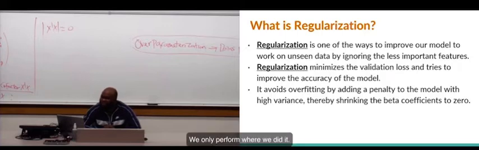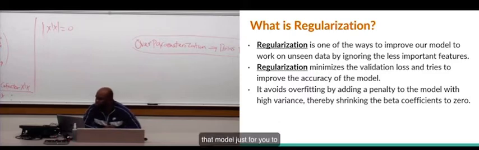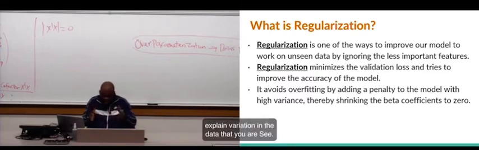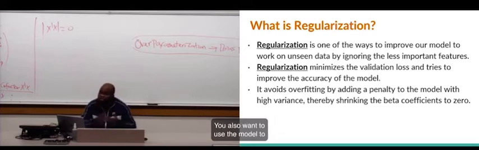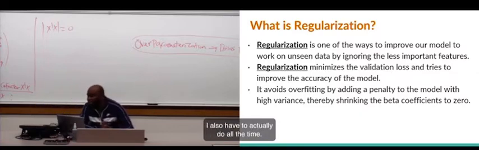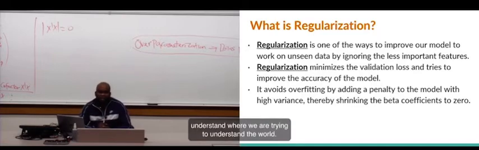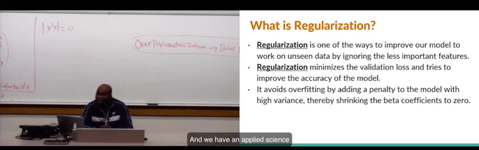You did not put together that model just to explain variation in the data that you are seeing only. You also want to use the model to generalize on the data you have not seen. And that's why I told you the other time, we have a basic science where we try to understand the world, and we have an applied science where we actually need to make a prediction.